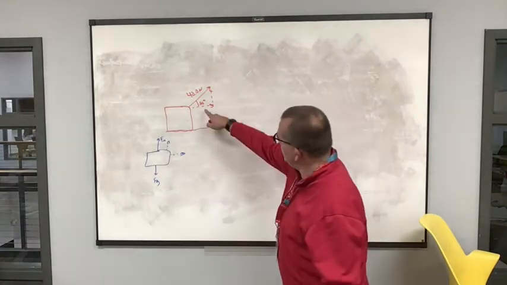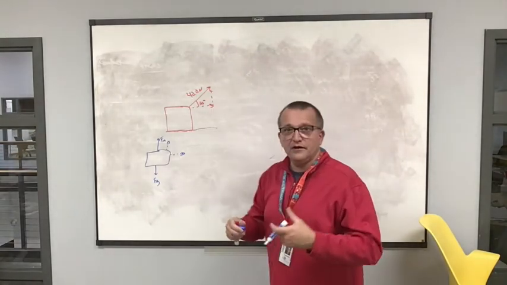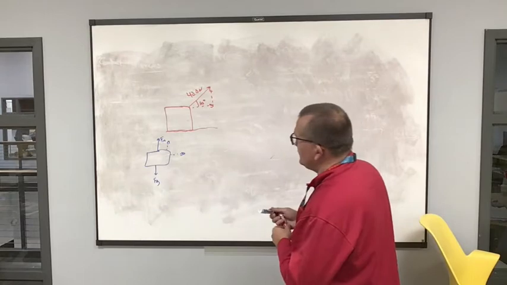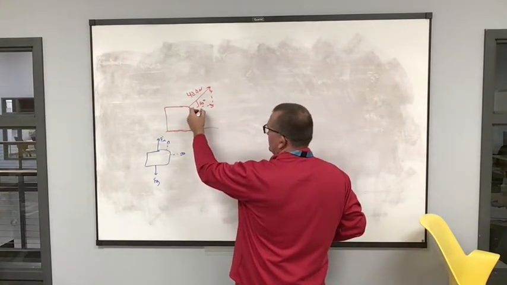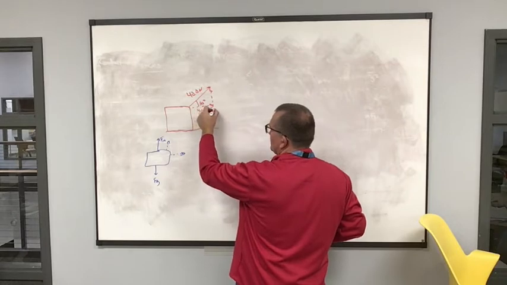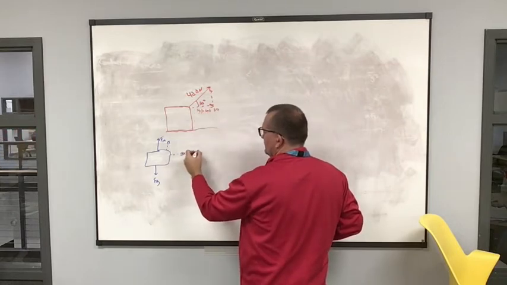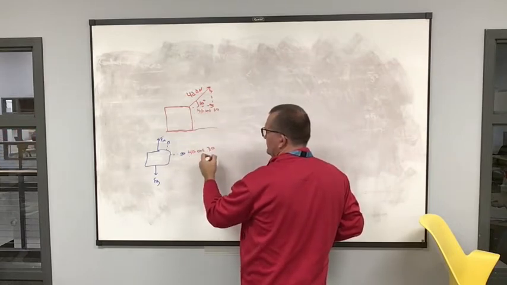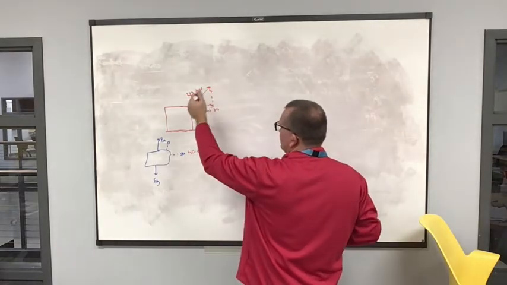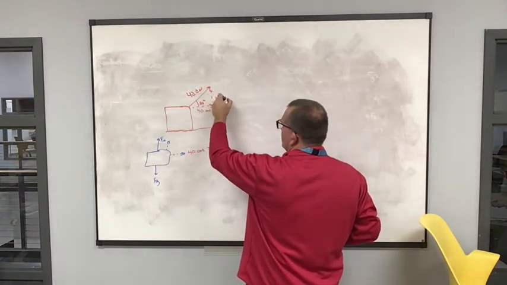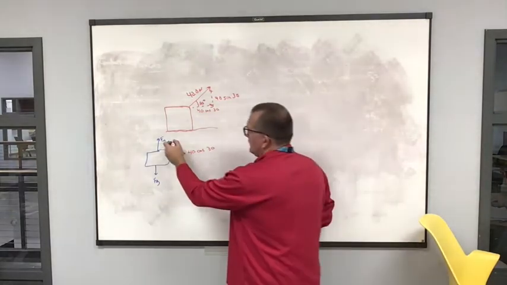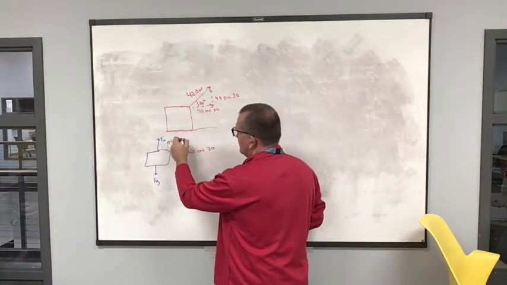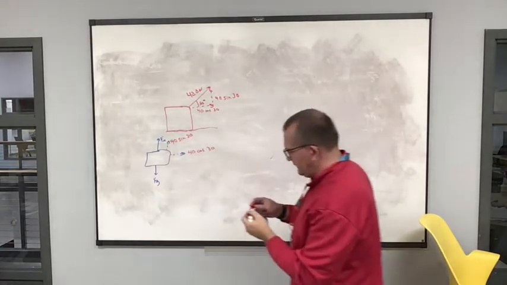So we're going to take the applied force and break it up into two parts. The x component is going to be 40 cosine of 30. Right? That's our applied force in the x. And then our applied force in the y is 40 sine of 30. And now I have my forces.